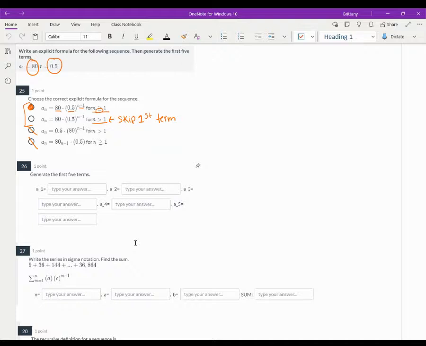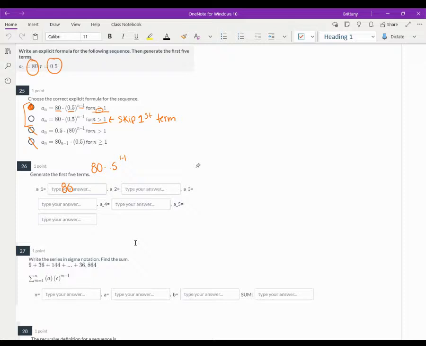So A and B were technically correct, but we want to have that equal sign so that we include the first term. So if I want to generate the first 5 terms, I'm going to plug in 1 for the first term, and then after about the second term, you kind of figure out the pattern. So if I plug in 1, I get 80 times 0.5 to the 1 minus 1, which gives me 80.